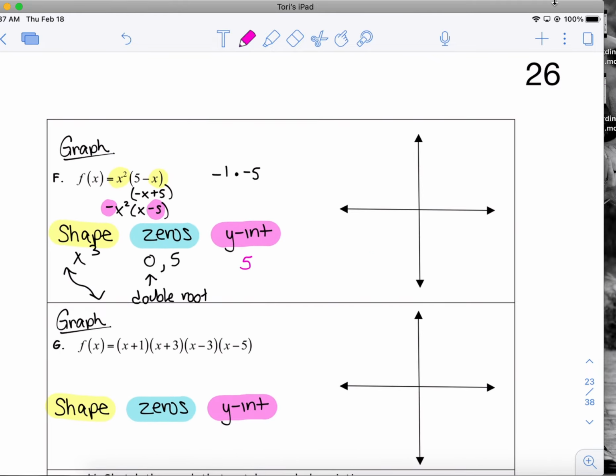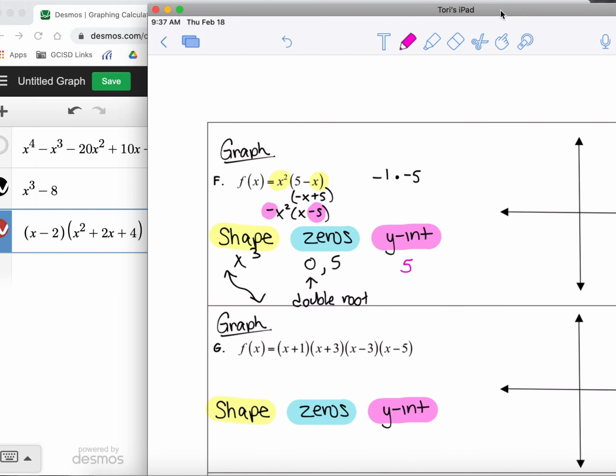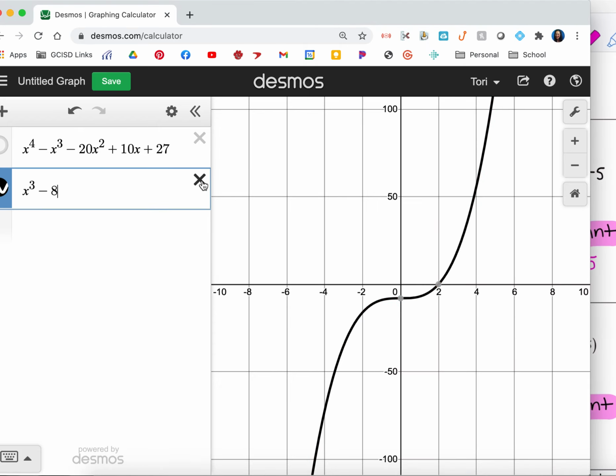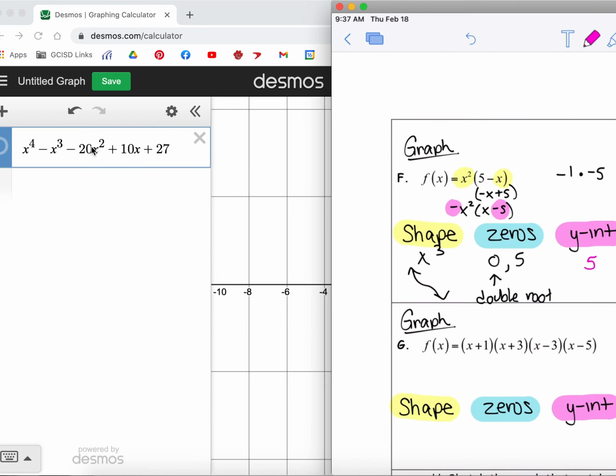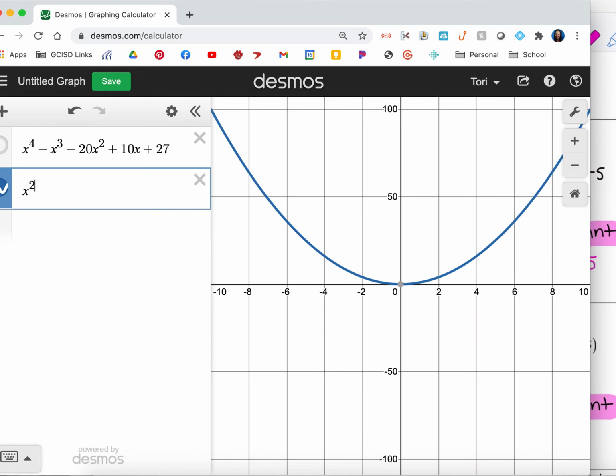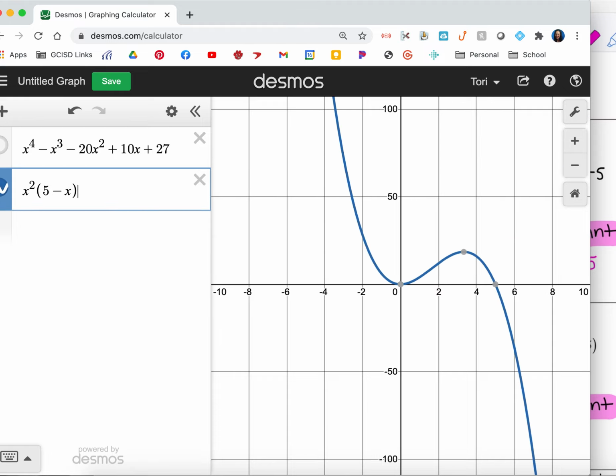And again, while you're learning this and while you're practicing, not on a test, we can always type that in if we're unsure. Make sure we know what we're getting. So x squared and then 5 minus x. All right, so we definitely agreed that there was a double root on 0.